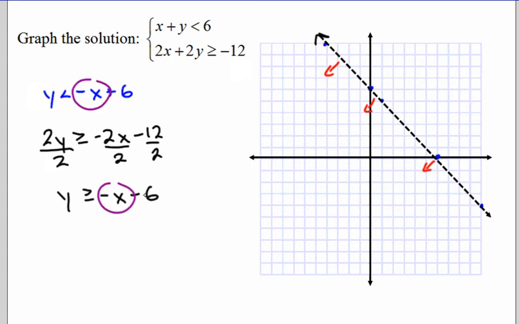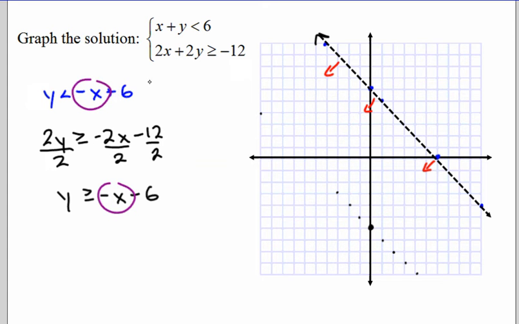So when I graph this one, I go down 1, 2, 3, 4, 5, 6 on the y-axis. Slope is negative 1, so I go down 1 to the right 1, down 1 to the right 1. I can keep doing that up to the left. Or I could just go 1, 2, 3, 4, 5, 6, 7 up, and 1, 2, 3, 4, 5, 6, 7 over.